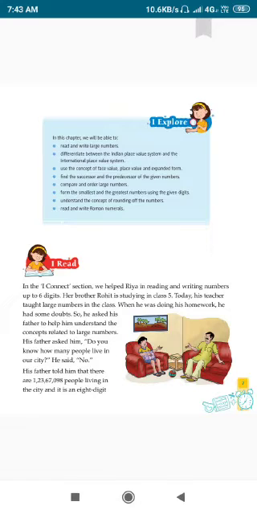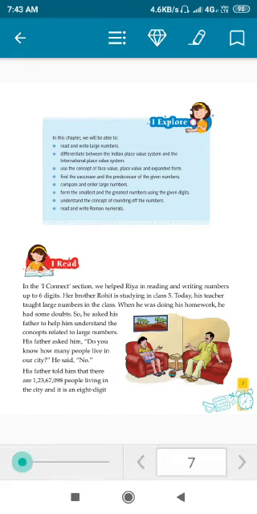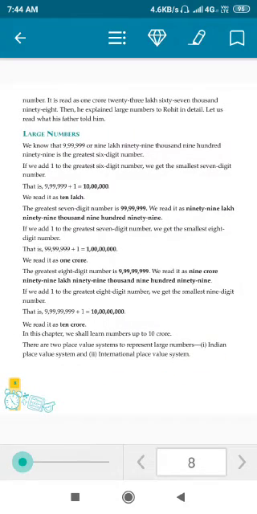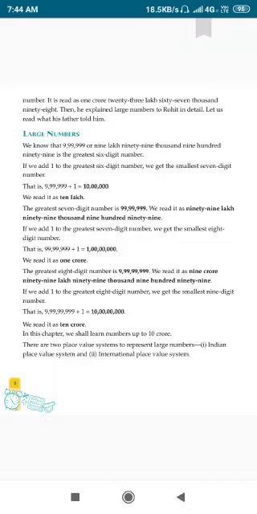My dear students, here are some examples of large numbers, like 9, 99, 999. So we read it as 9,99,999, the greatest 6-digit number. If we add 1 to the greatest 6-digit number, we get the smallest 7-digit number, that is 10 lakh.